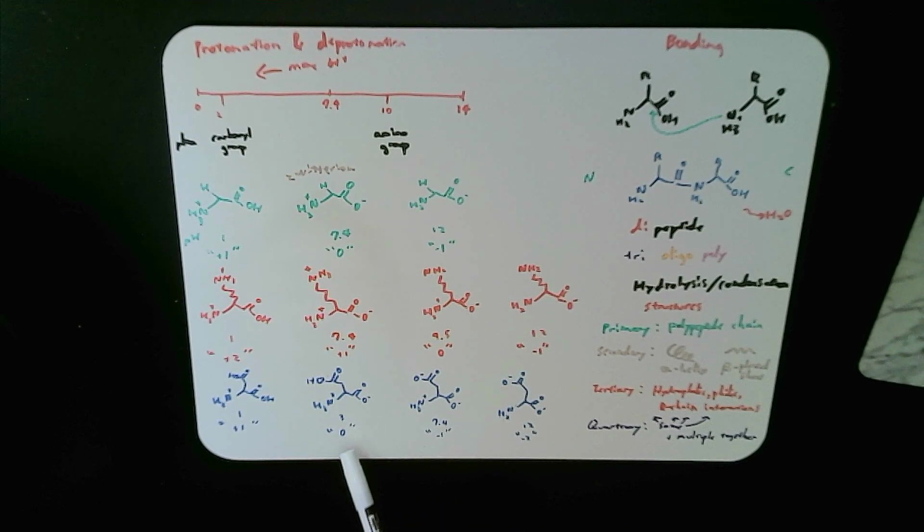And you can see for all other examples, at pH 3, since only the carboxylic acid is deprotonated, you have -1 here. This gets protonated because the pKa is 3.6 and here it's 3, so there are enough protons in the solution to give it the proton.